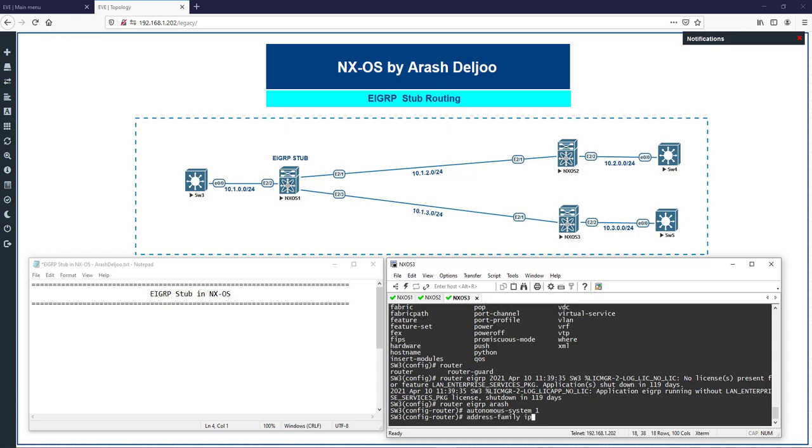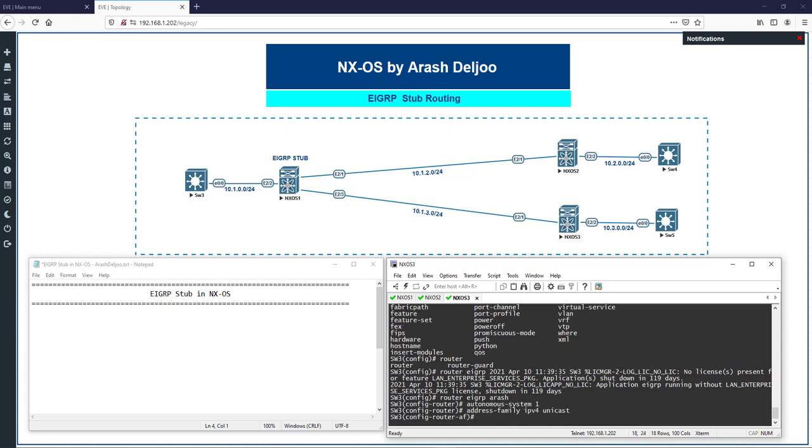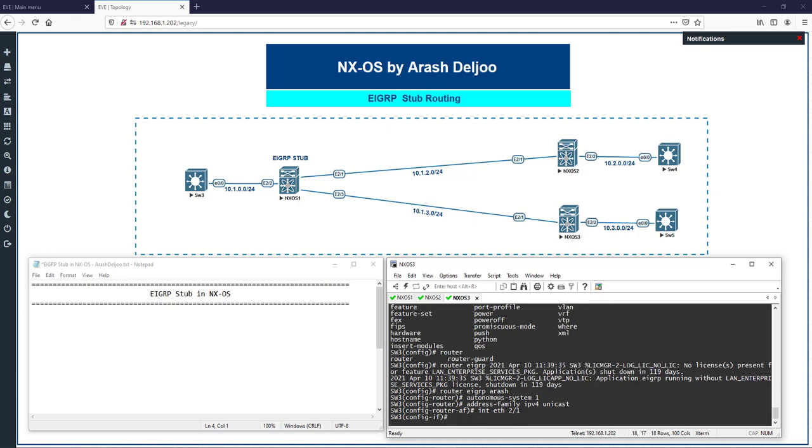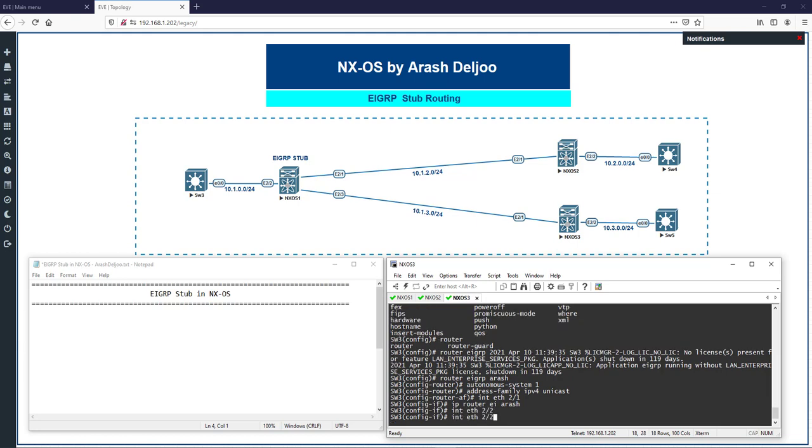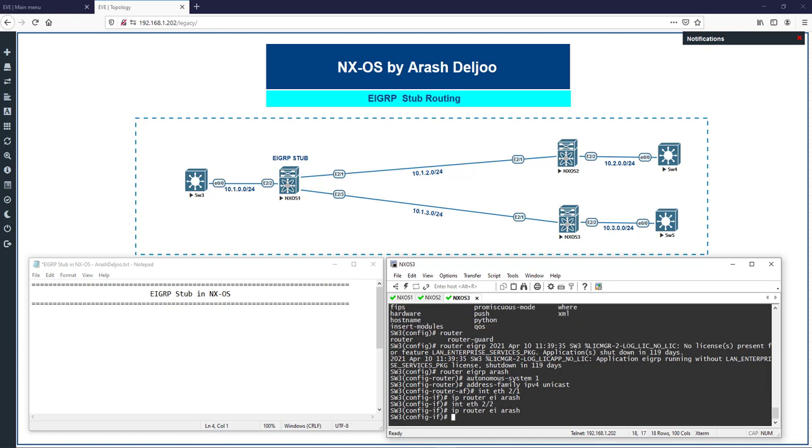After that, enabling address family IPv4 unicast, and finally we should configure EIGRP on interface ETH21 and also ETH22: IP router EIGRP Arash, and then interface ETH22, IP router EIGRP Arash.